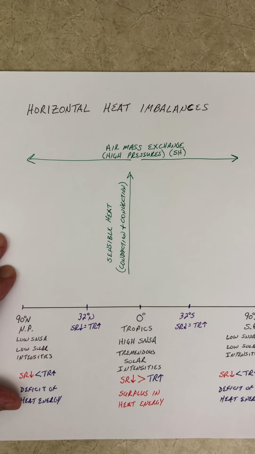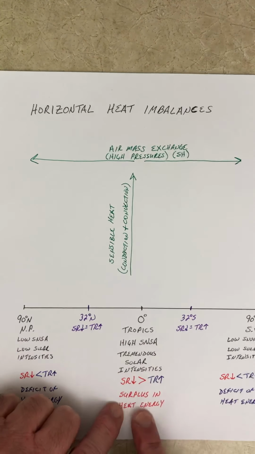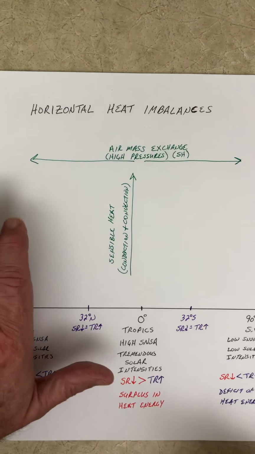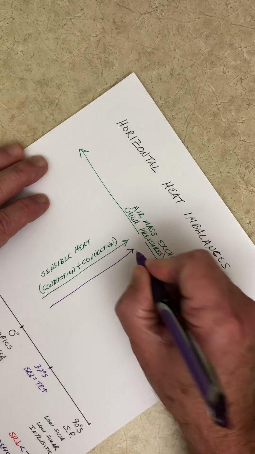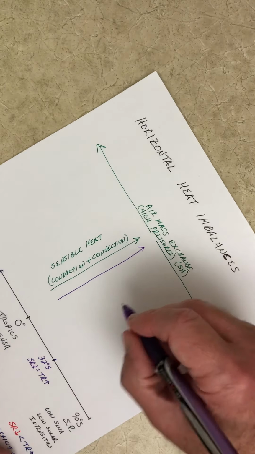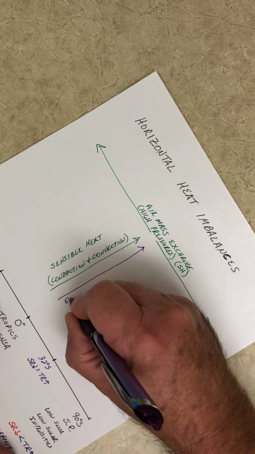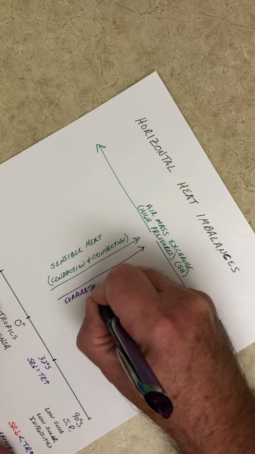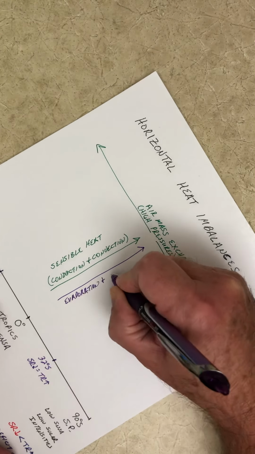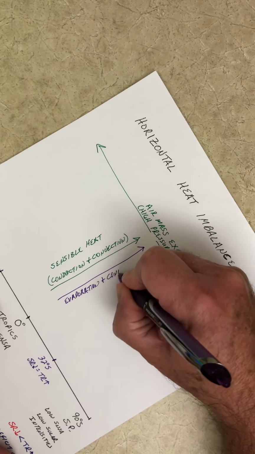We can also use latent heat as a means of transferring a lot of this surplus heat energy from the tropics to the poles. So again, I got to do it like this, sorry. In this particular case, we've got evaporation at the Earth's surface and condensation in the atmosphere.